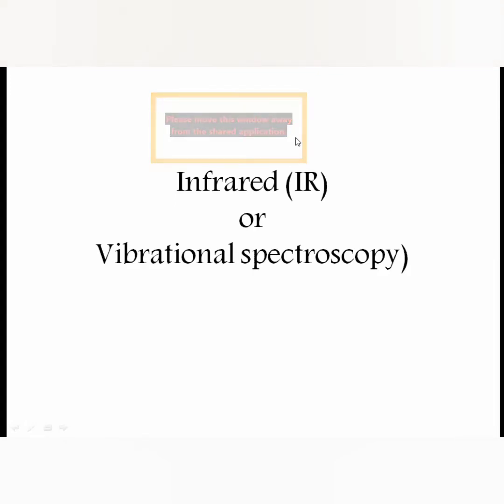Nowadays, in modern material science, we widely use infrared spectroscopy for characterization, to find the unknown functional groups present in a molecule. That is the application of infrared spectroscopy.